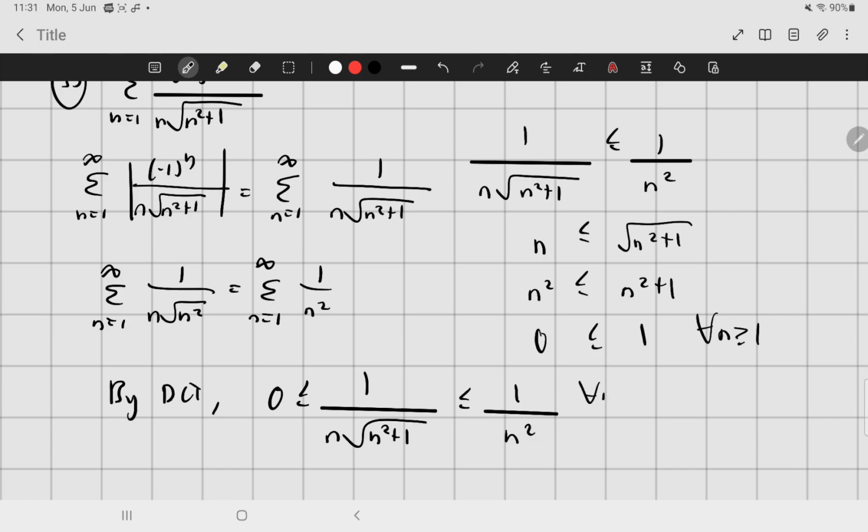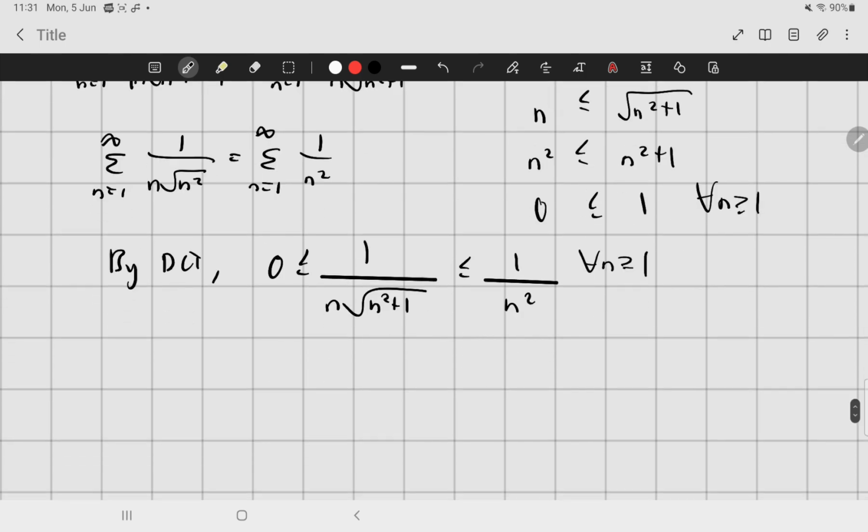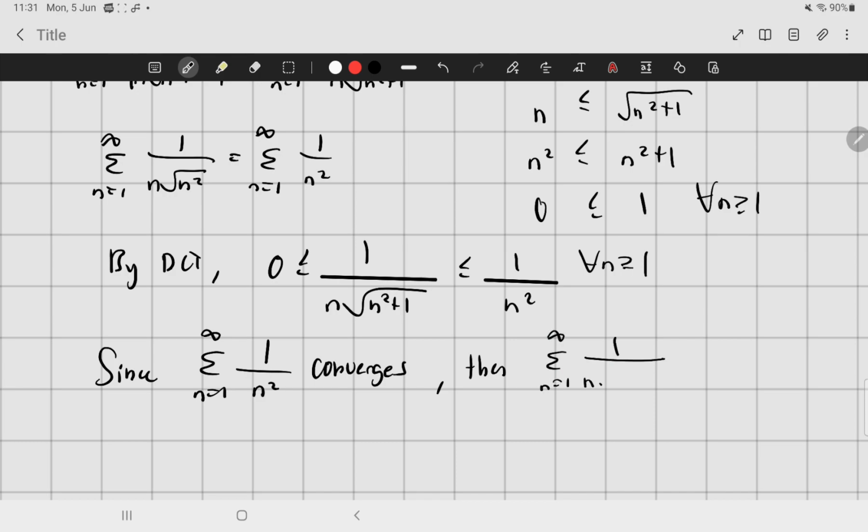So this is true for all n. Now since this converges, then this series also converges.